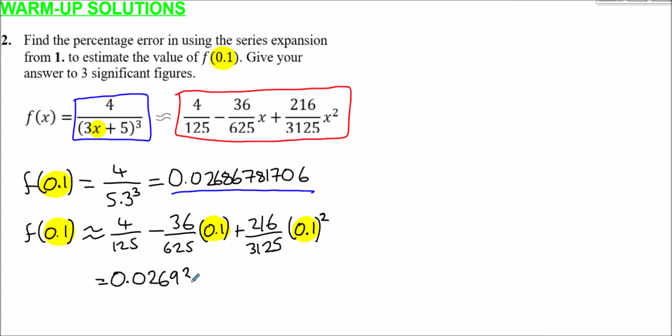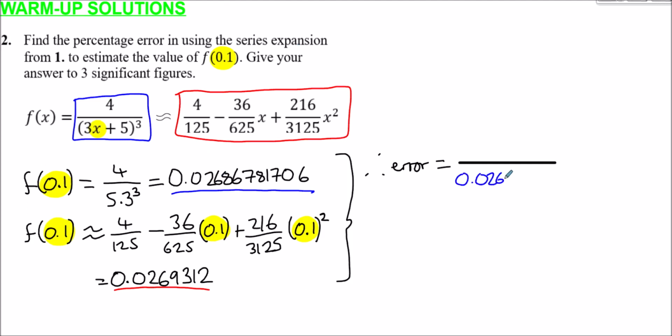So now we can work out the percentage error. Based off these two, percentage error, this goes back to GCSE really, it's the actual error divided by the exact value, which is this 0.02686781706 thing here, multiplied by 100.